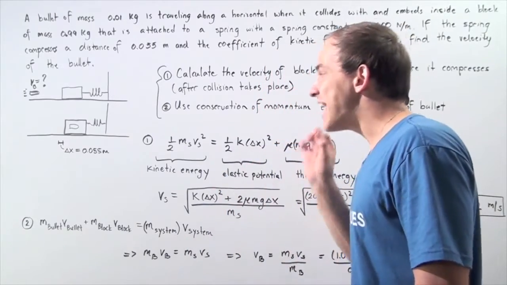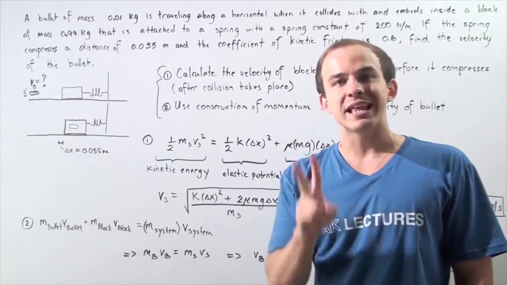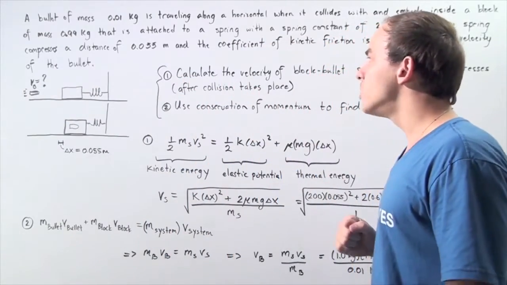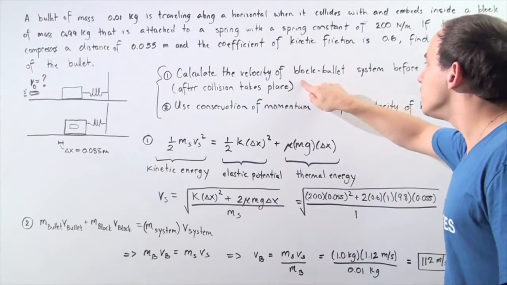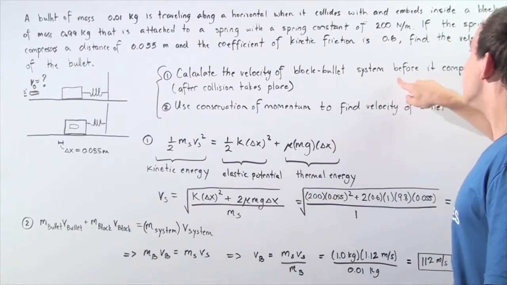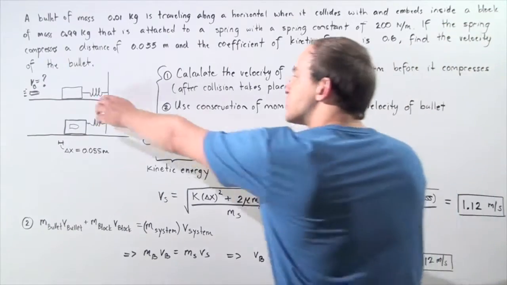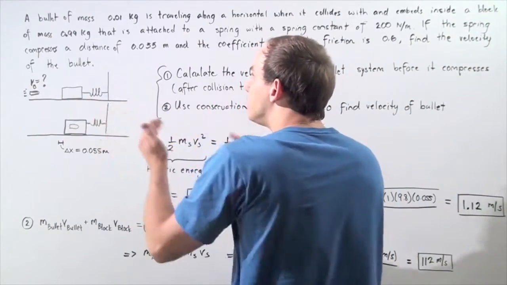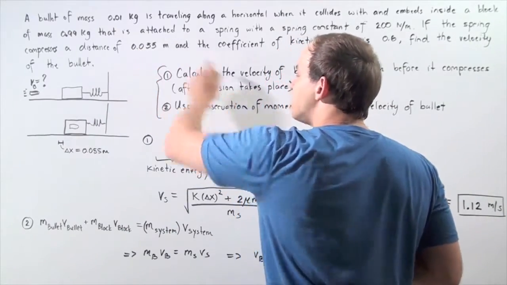So we want to calculate the velocity of the bullet in 2 steps. In step number 1, we want to calculate the velocity of the block-bullet system before the spring actually compresses and the block moves a distance of 0.055 meters.